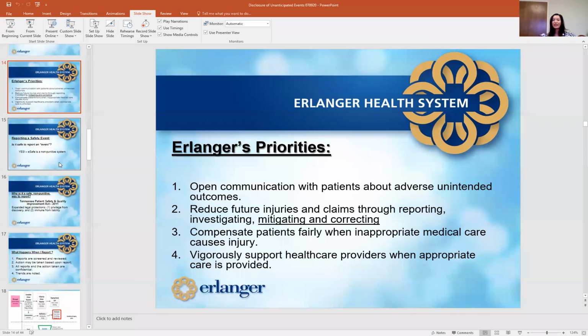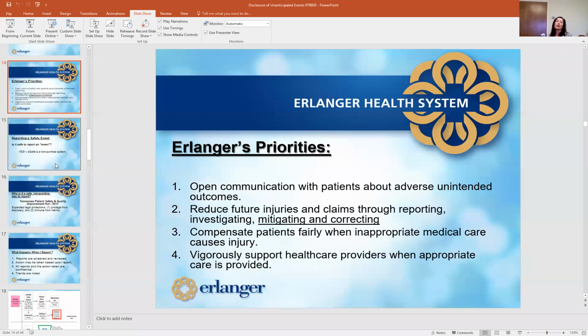You see that every day where there's an unanticipated outcome, but it wasn't the result of medical error. And maybe your patient or their family thinks that it is, right? But in those situations, we don't just automatically pay out money. We will vigorously defend and support healthcare providers when there was not medical error that led to damages. Does that make sense?